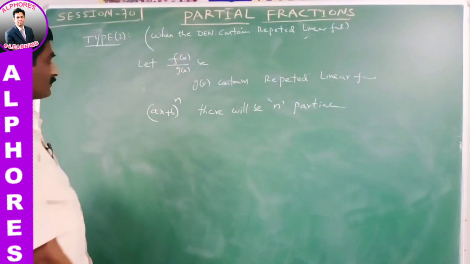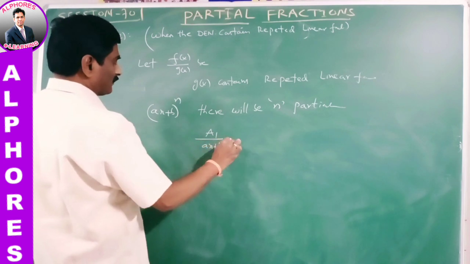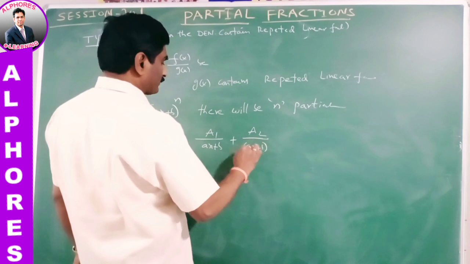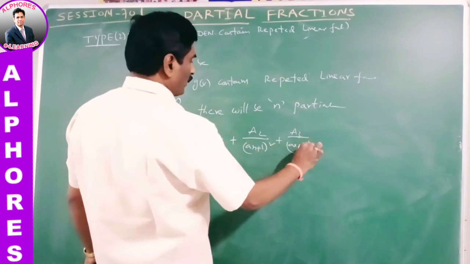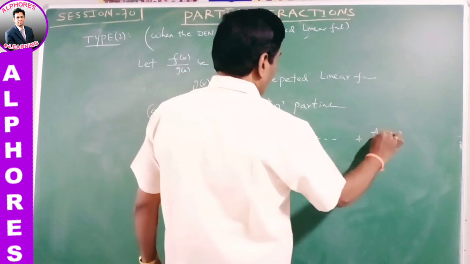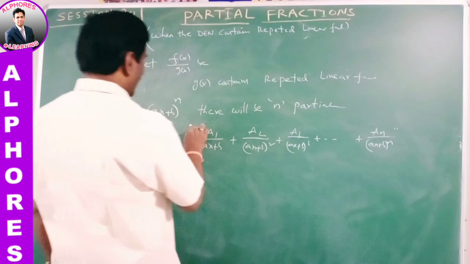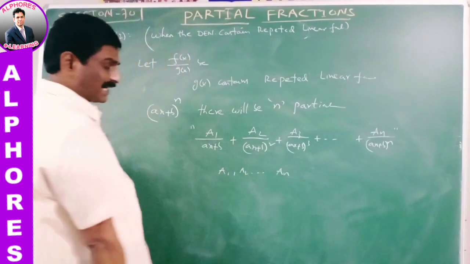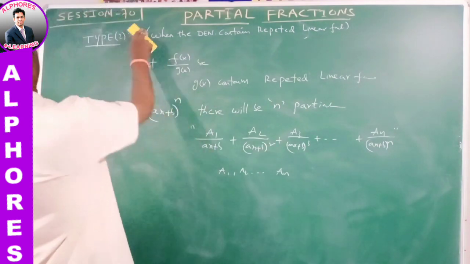They are a1 by ax plus b plus a2 by ax plus b whole square plus a3 by ax plus b whole cube, plus so on, an by ax plus b whole power n, where a1, a2, a3, so on an are constants which are to be determined.